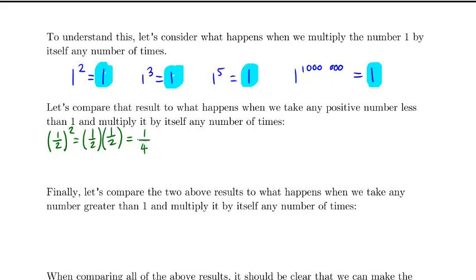Now the big thing I want you to notice is this. When we times the number that was smaller than 1, but still positive, by itself, the result was smaller than the number we started with. We took a half, we times it by itself, the result is smaller than a half. It's less than that number that we started with over there. And that happens no matter how many times we multiply a number less than 1 by itself.